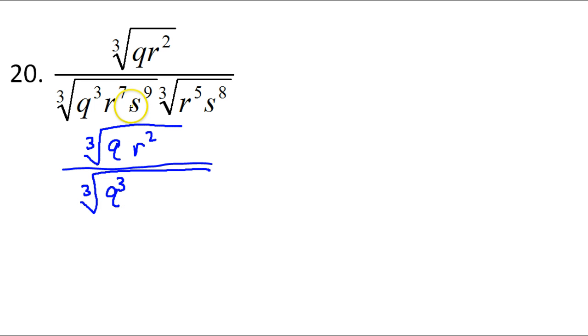Okay, now the r's. R to the 7th times r to the 5th. That is r to the 12th power. Okay, 7 plus 5. And now similarly the s's. Alright, this will be s to the 17th power because 9 plus 8 is 17.